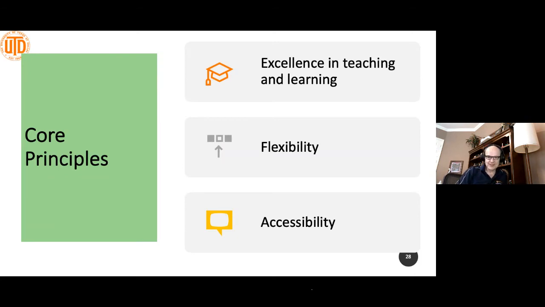So several core principles. We are committed to excellence in teaching and learning. So we in the engineering school and in computer science are focused on excellence. Our objective is to give you high quality instruction and to empower you to absorb information, to process that information. That's just absorption, but to process, analyze it, and manage it in your head.